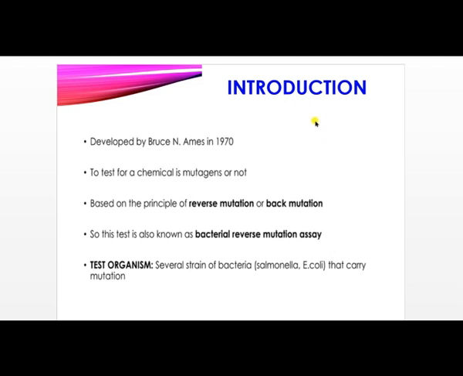The DNA damage response, DDR, is a complex transduction pathway which recognizes the DNA damage and initiates the cellular response to the damage. Understood? So before DNA damage, we will see mutation. To check the mutation, one test is the Ames test. Who developed that test? This test was developed by Bruce Ames in 1970.